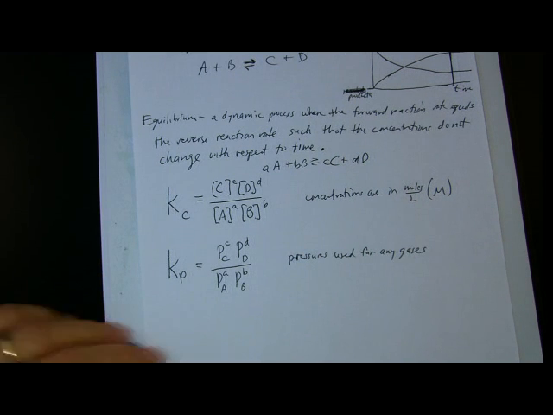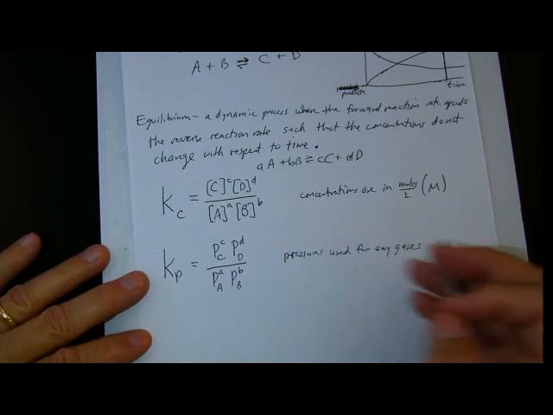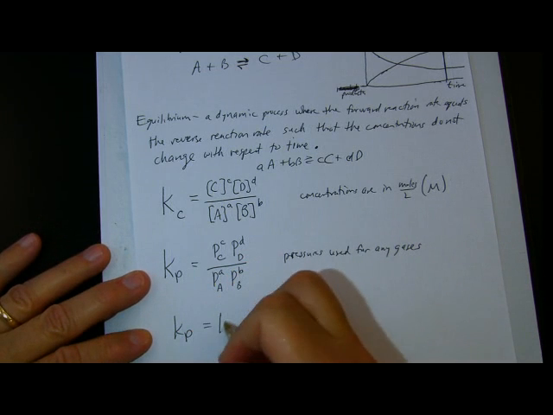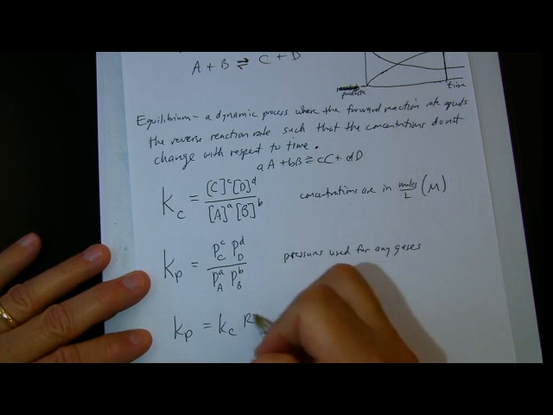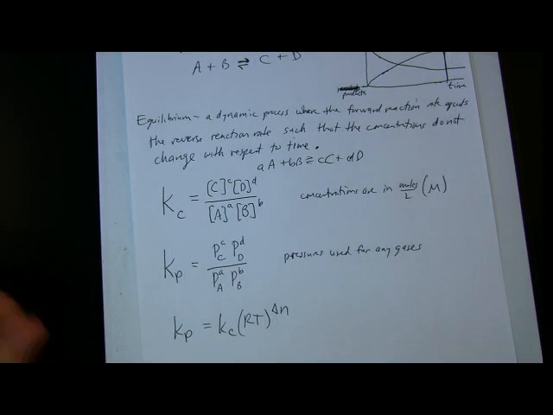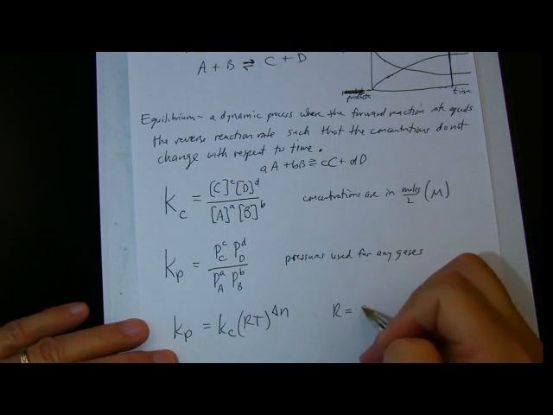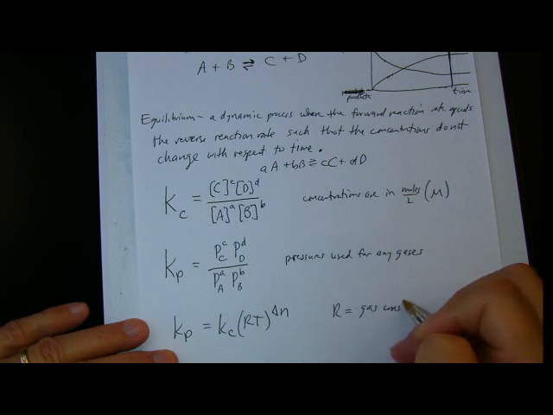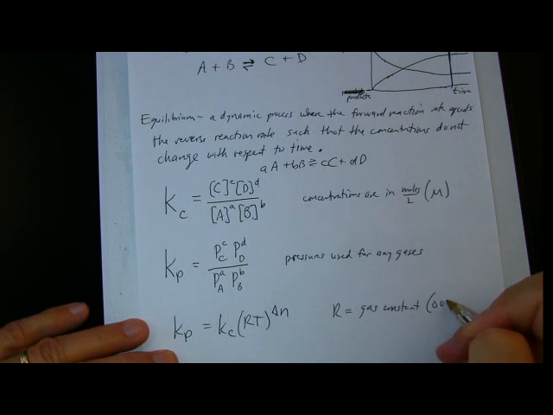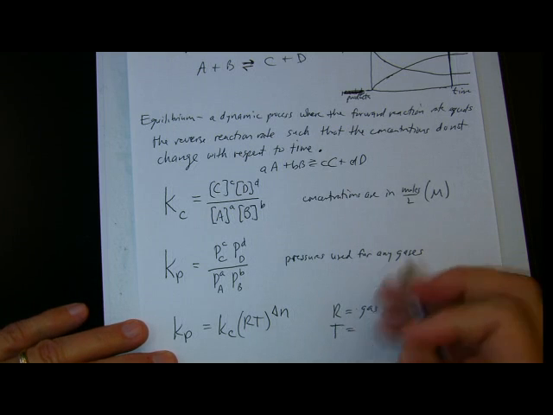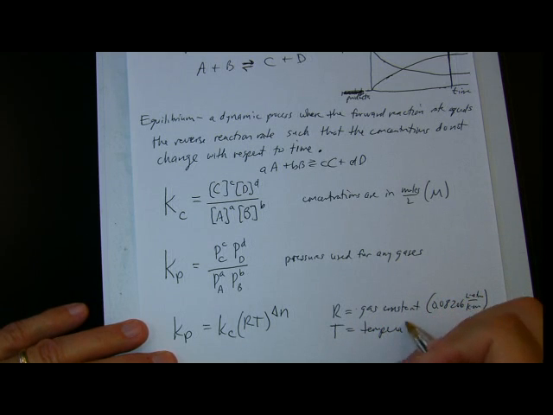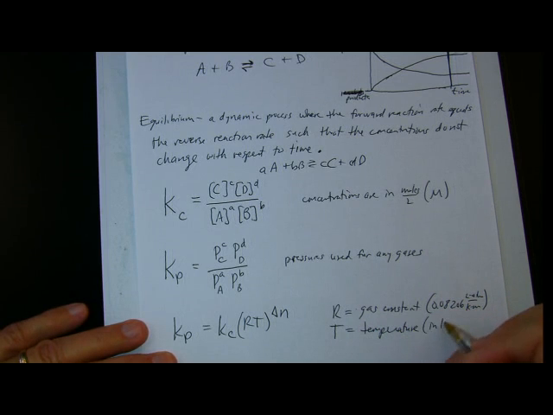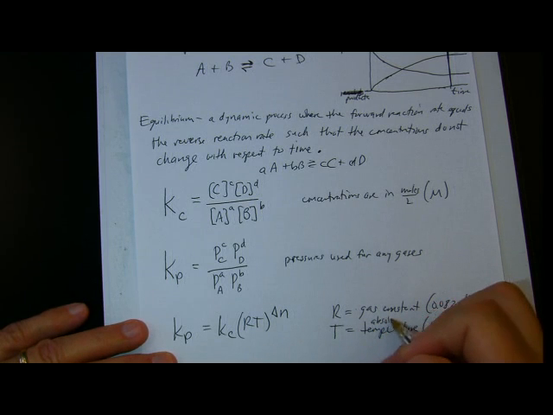And there's a relationship that the case of P is equal to the case of C, RT to the delta N, all right, where R is the gas constant, which is 0.08206 liter atmospheres per kilomole. T is the temperature in Kelvin. I should put absolute temperature in Kelvin.